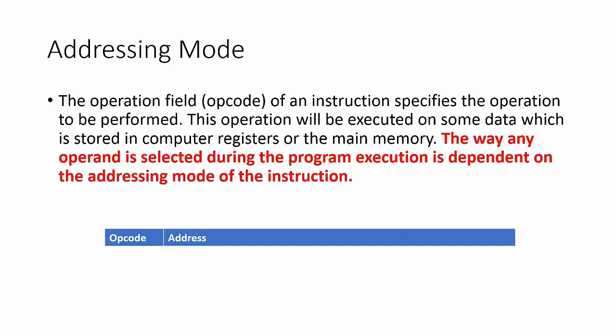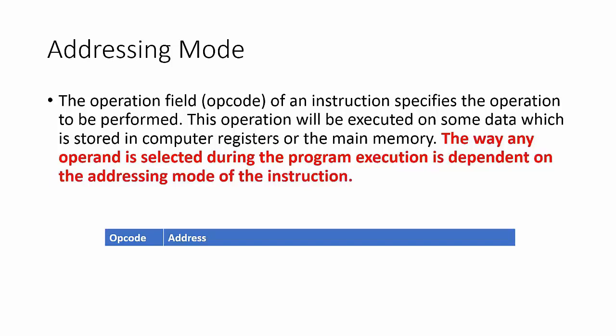As you know, opcode represents the operation and operand is nothing but data. So what is addressing mode? The operation field or opcode of an instruction specifies the operation to be performed. This operation will be executed on some data which is stored in a computer register or main memory.